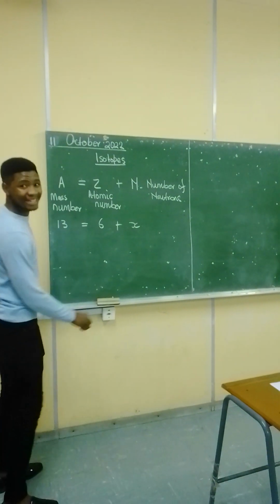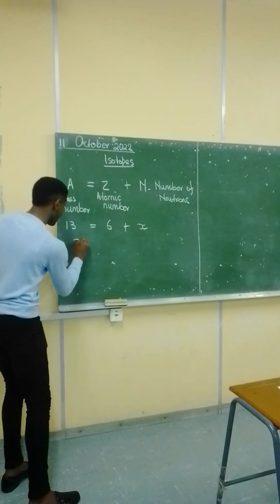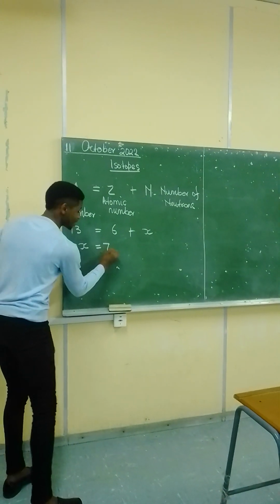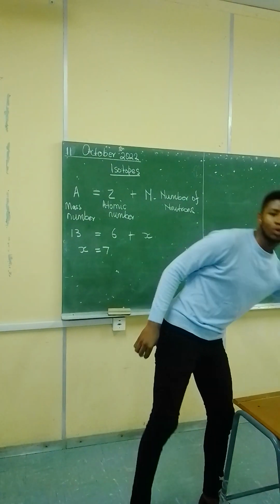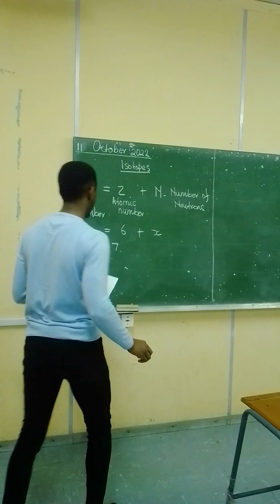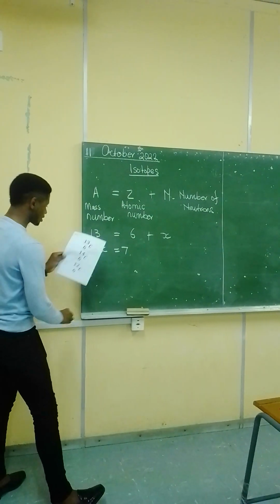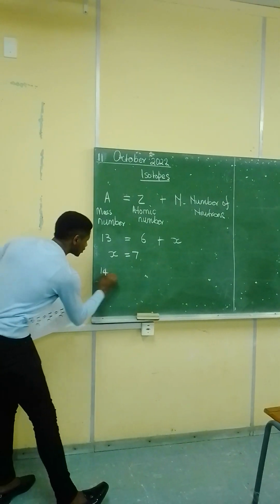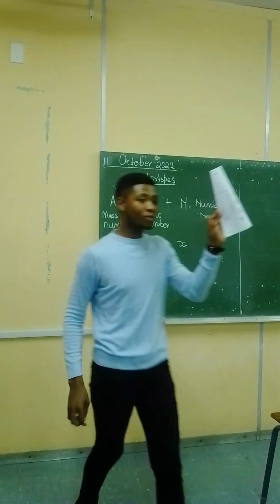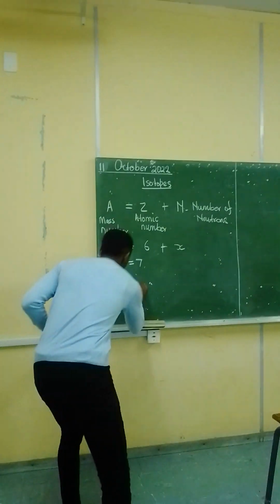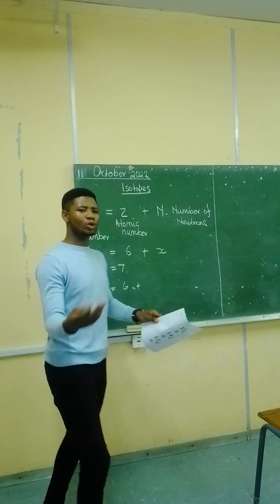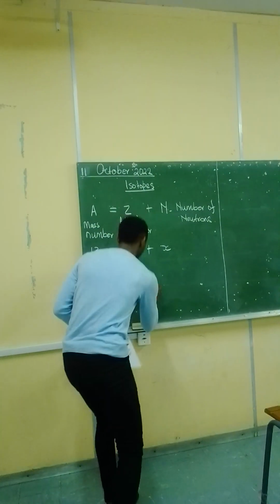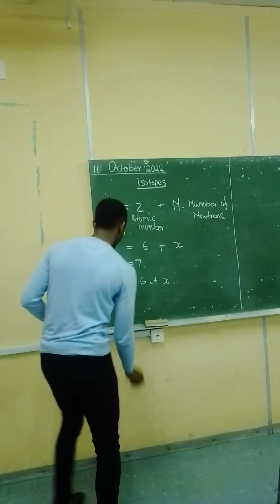So our X is going to be 7. We move on, we are going to do diagram number 2 now. Our mass number is 14, equal to the number of protons, which is still 6, plus the number of neutrons. Because we don't know the number of neutrons, we are going to let that be X again.